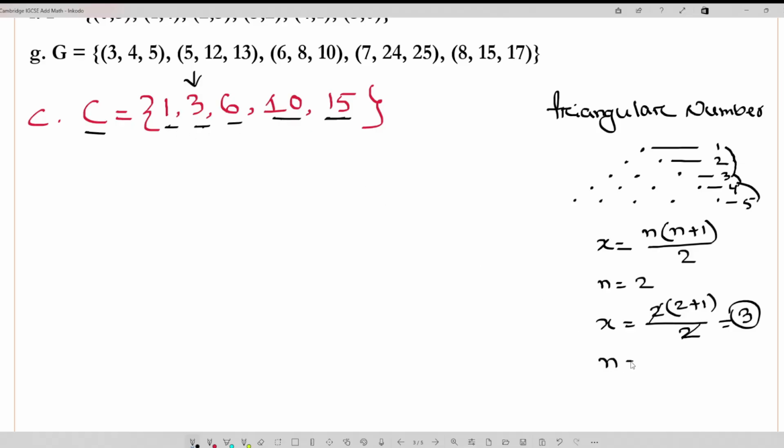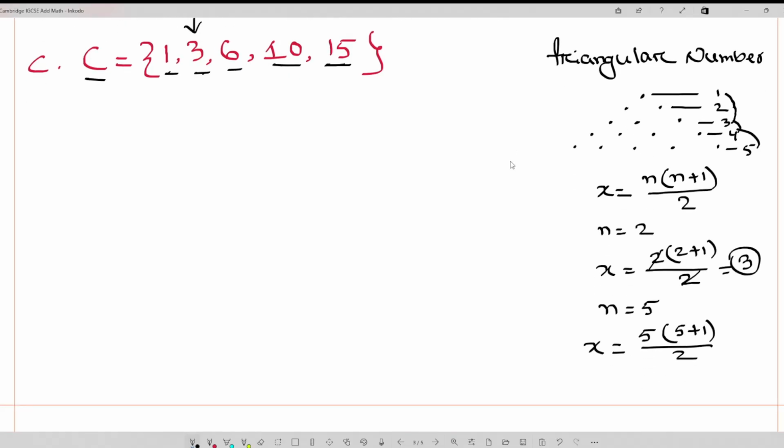Now let's see, n equals 5. So x equals 5 times (5 plus 1) divided by 2. Right? Then look, 5 plus 1 is 6, divided by 2. So 6 we can divide by 2, see, this is 3. So 5 times 3 is 15 and this is 15.